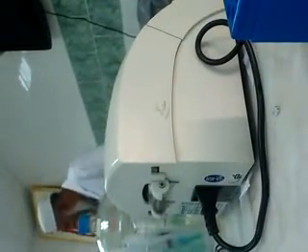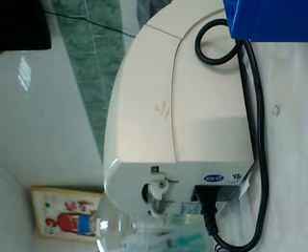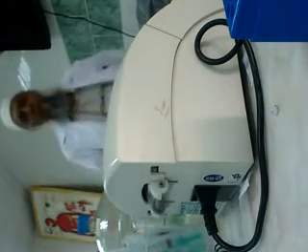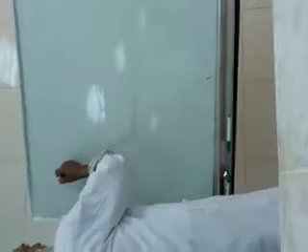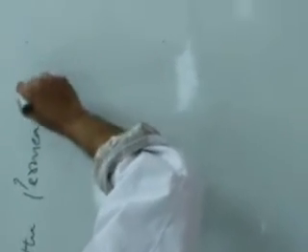Insulin has a hypoglycemic effect, that is, reducing the blood glucose level, and this effect of insulin is produced by increasing the permeability of the body cells for glucose.